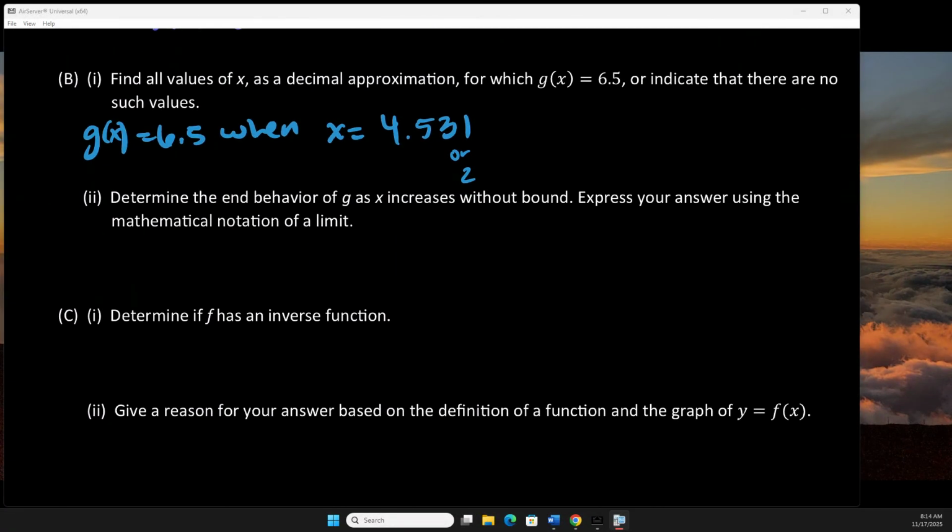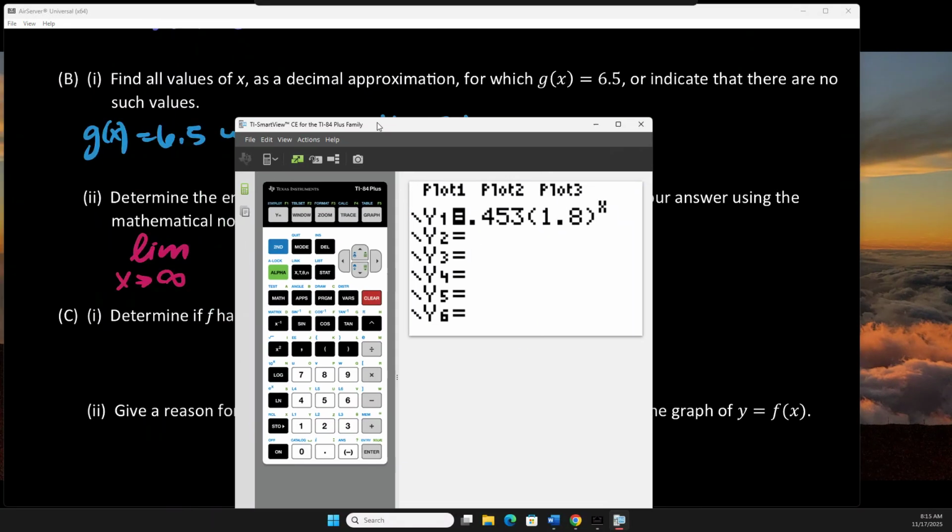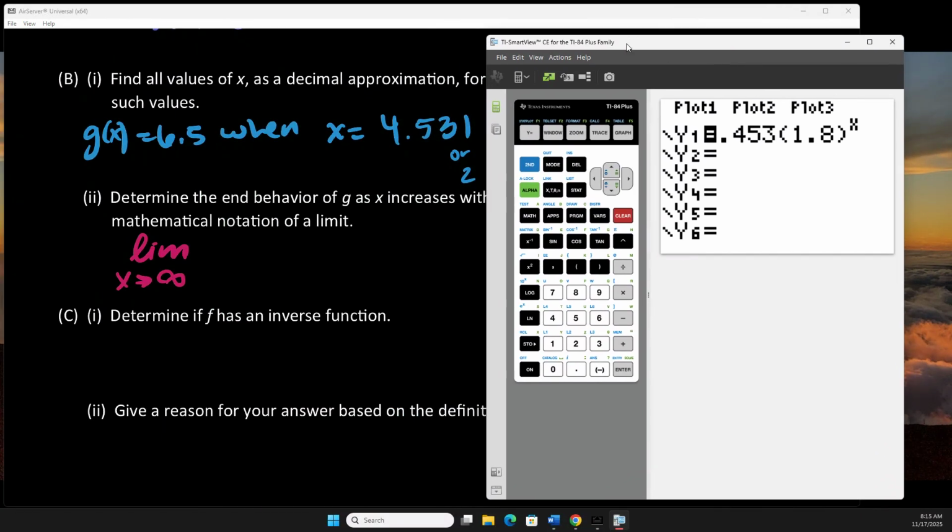Part 2 of B. We're going to determine the end behavior of g as x increases without bound, and we're going to express our answer in mathematical notation as a limit. So if x is increasing without bound, x is approaching infinity. We also need to remember that the one on your test might not be increases without bound.